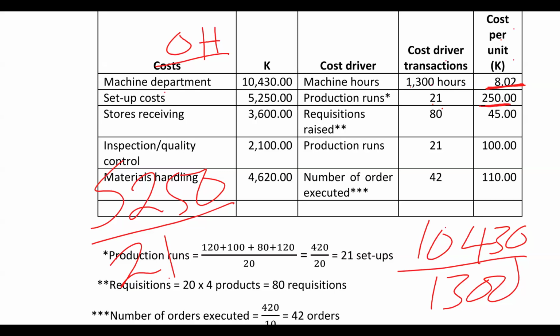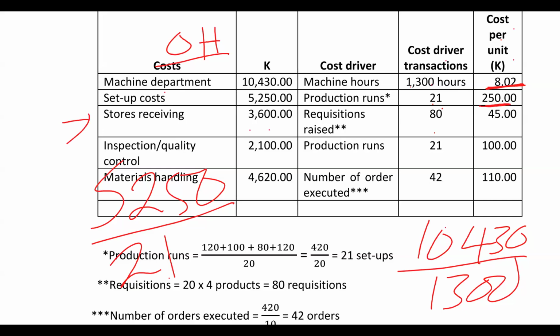Then we go to stores receiving. The total overhead cost is 3,600, and the driver is requisitions raised. There are 80 requisitions raised altogether.